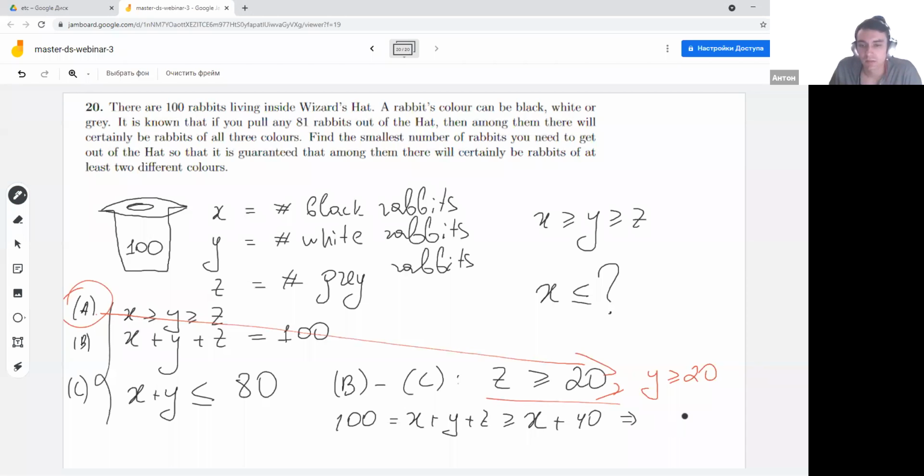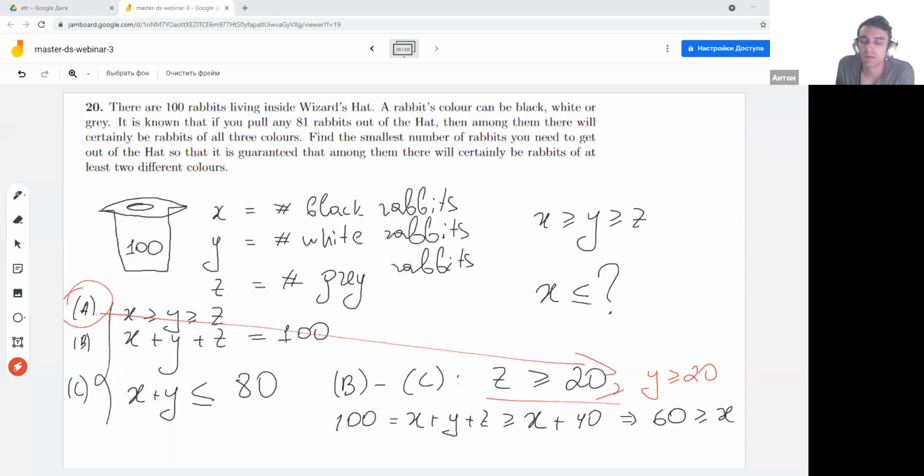Therefore, X is not greater than 60. The correct phrase is, it is not greater than 60. Fine. Is it the optimal upper bound? Namely, is there a situation when X is exactly 60? Or maybe we can reduce the upper bound some more.